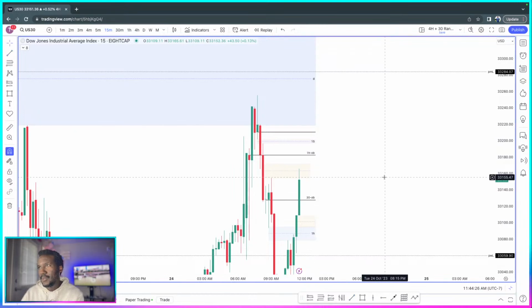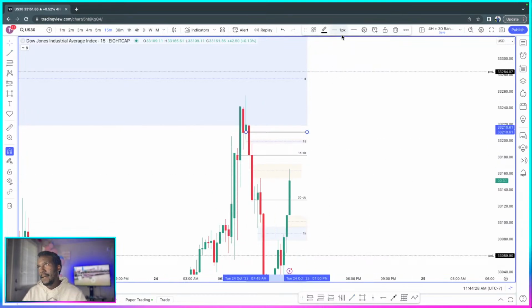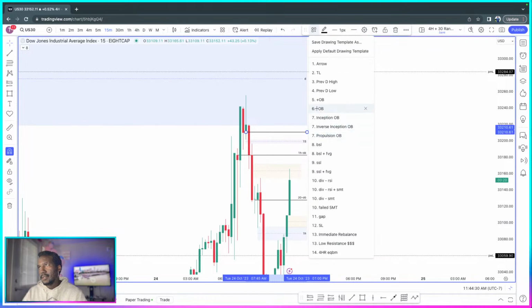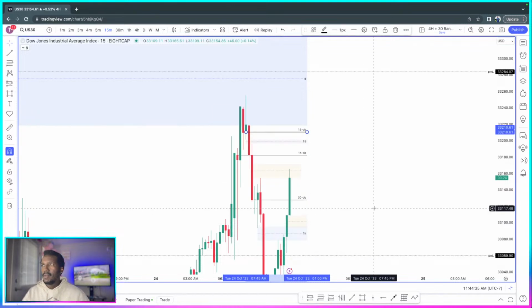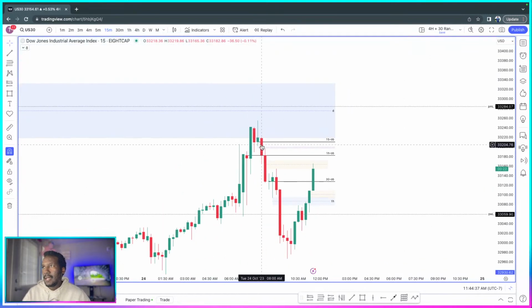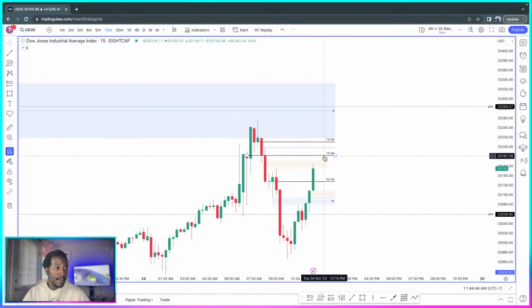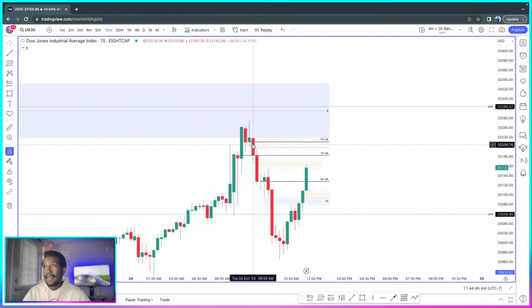Now, this is also something else that I'm looking at. Let me just mark it, then I'll show you what I'm talking about. So where we have an up candle inside an up candle, if we do get a good rejection from here, I'm going to be taking a short. I like this.